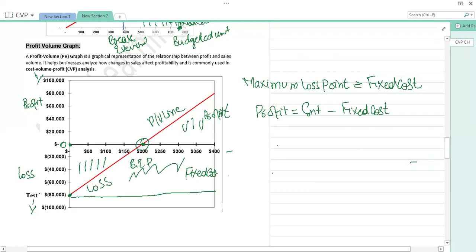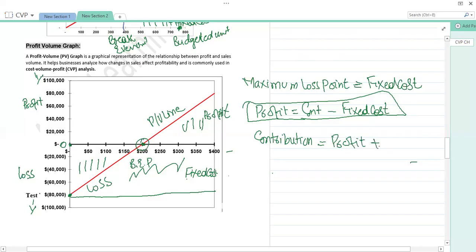If I want to find the contribution from this equation, what will I do? I will add the fixed cost plus profit. So if I want to find the contribution from the break-even profit line, it will be calculated as profit plus fixed cost.